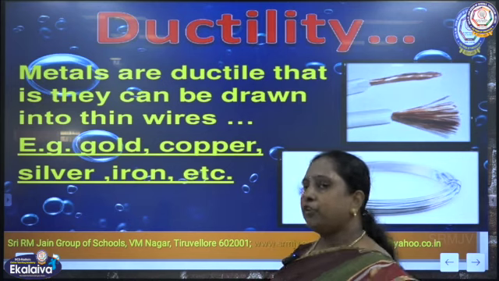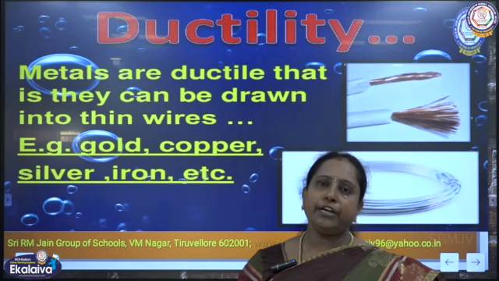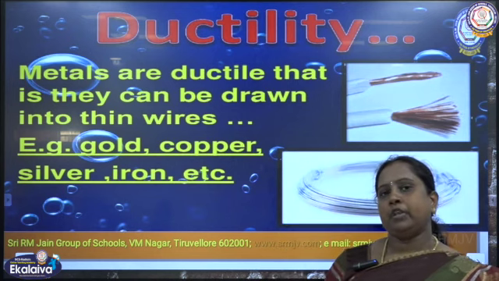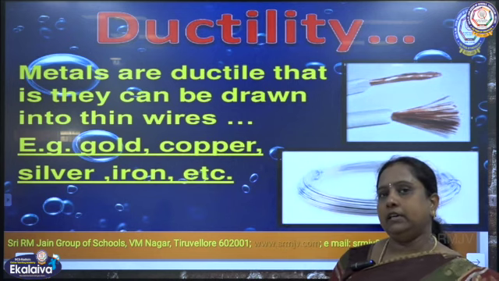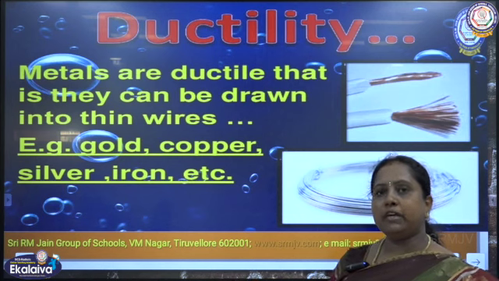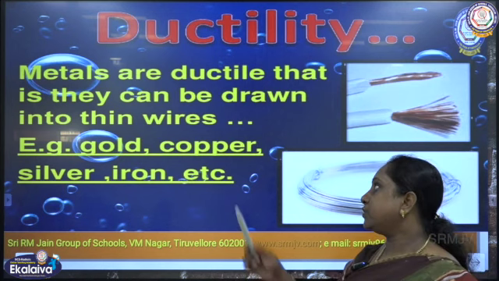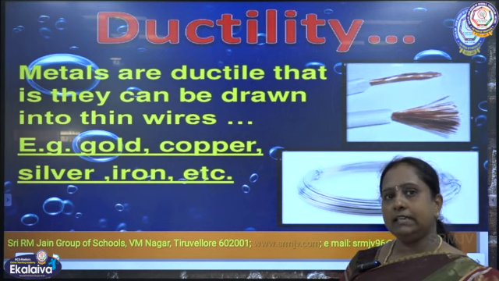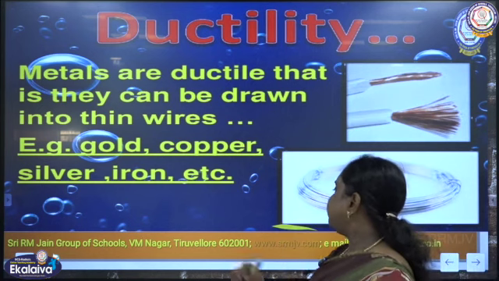Iron of course can be drawn into wires, but it will not be that much available for the ductile property, that means drawing wires. So, we normally use copper for drawing the wires for electrical gadget purposes.